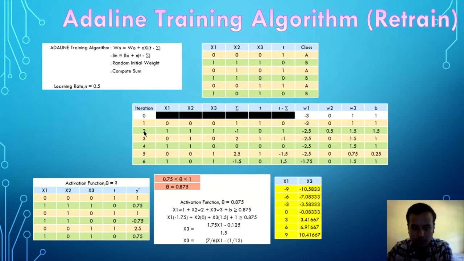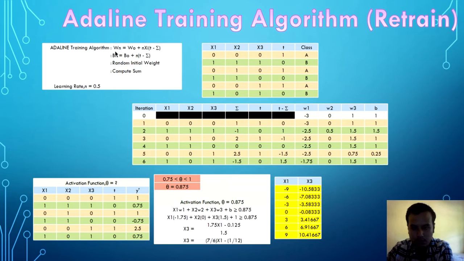So for the next iteration 2, we have x1 1, x2 1, x3 1. So the sum is -3 plus 1 plus 1 equal -1. So T minus -1 equal to 1. So we have to calculate the value because it is not 0.